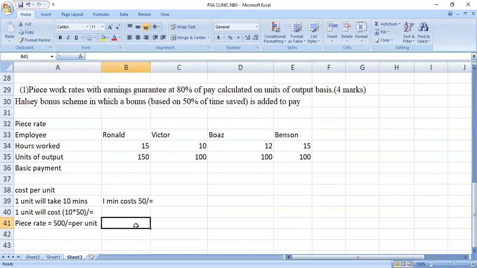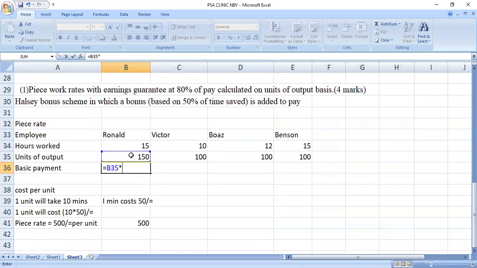I hope we are together here. So let me just put the figure here, 500. Okay, so my basic pay there for these guys would ideally be, if there was nothing like guarantee, if it was just piece rate, if you wanted to compute wages based on piece rate, this is how it would be. You look at the output times the rate you're charging for each output, which is 500 shillings.